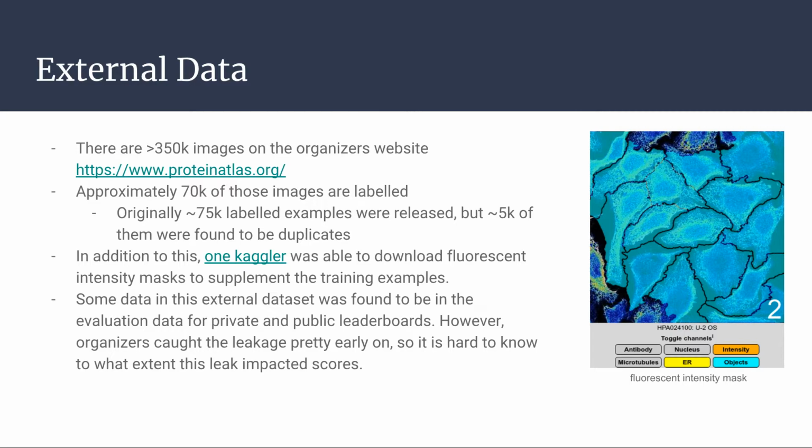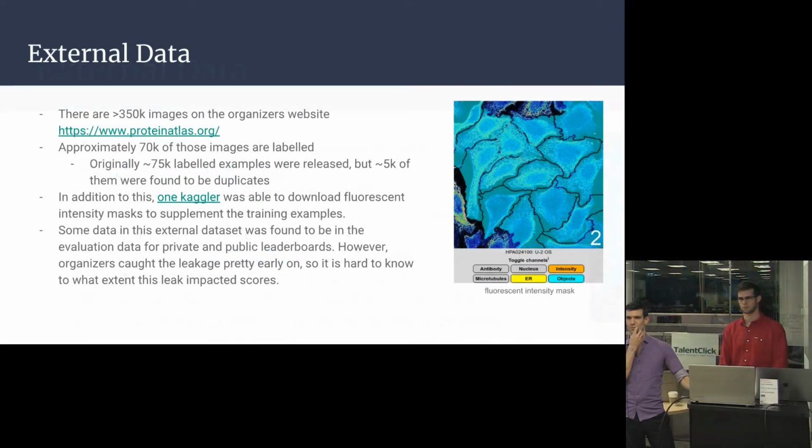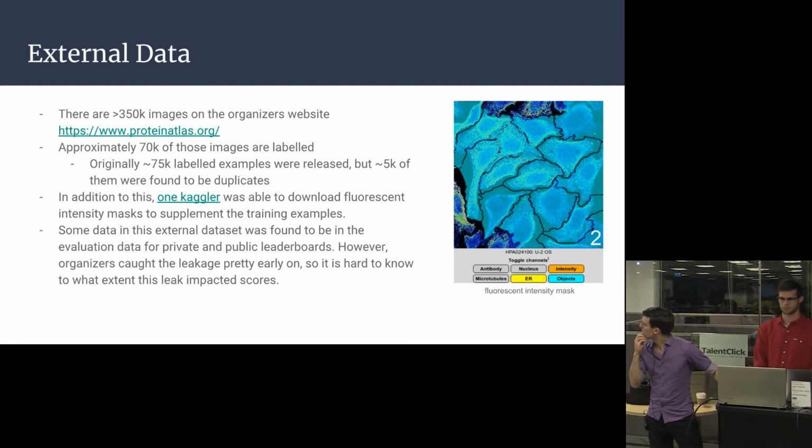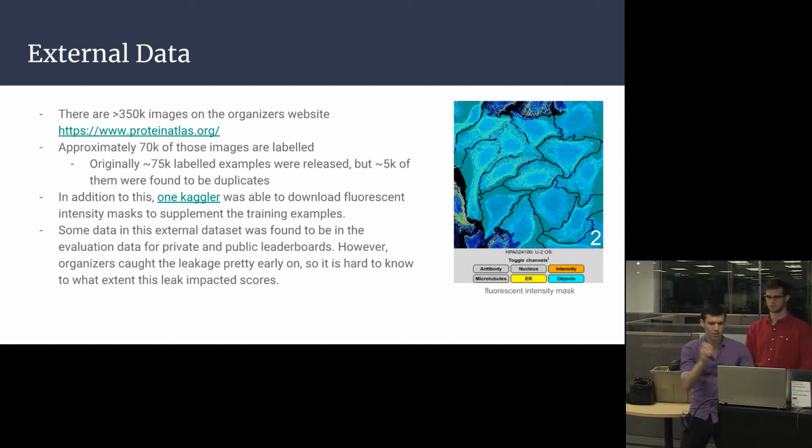Did they have to do a lot of work in getting the new images to line up with the competition goals? I noticed this one has some intensity ER objects. Yeah, so the reason for that, this is viewed in a different sort of panel. These little boxes down here represent basically what you're trying to view in the image.